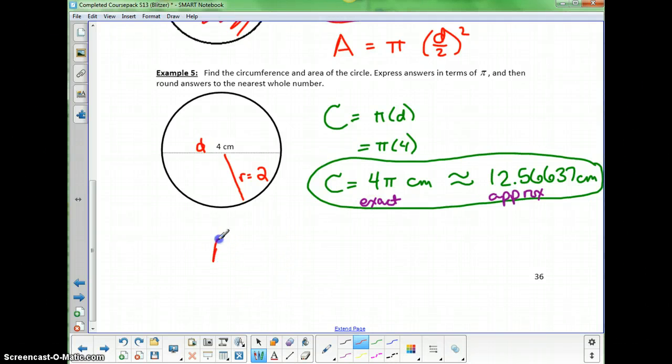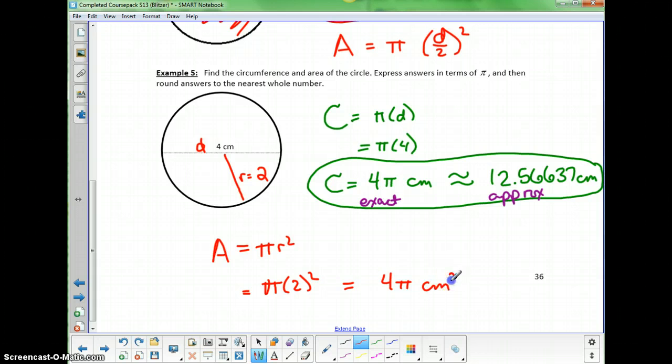Okay, and let's look at the next one. Doing the area. Area is equal to pi r squared. So this is pi times 2 squared. 2 squared is 4. So again, this is 4 pi.